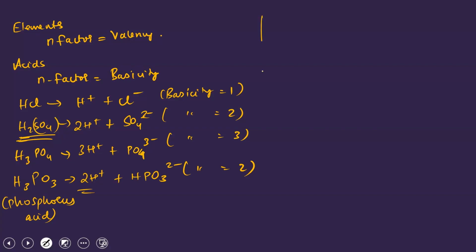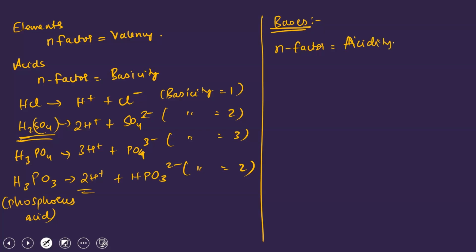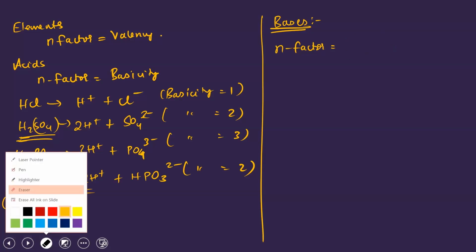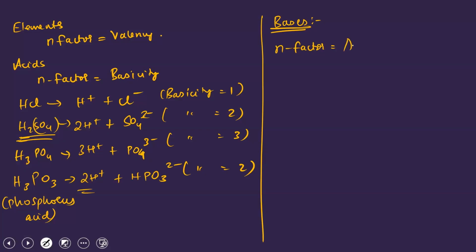Now shall we deal with bases? For bases, n factor will be acidity. Sorry, is acidity a positive answer? The number of OH minus ions furnished by the base.